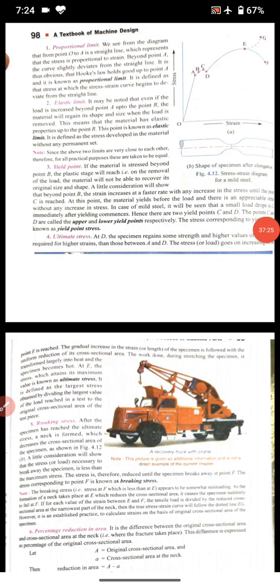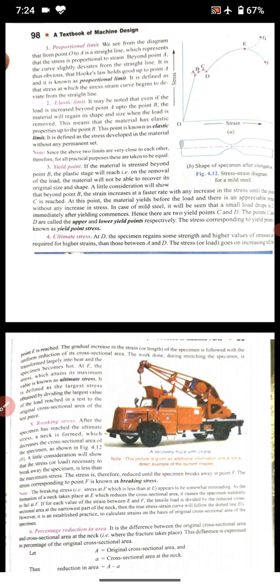If you are going to make a dog bone, you have to make sure that the L upon T ratio for the specimen will be the same. If your specimen is small or large, whatever it is, the L upon T ratio must be the same for both materials.